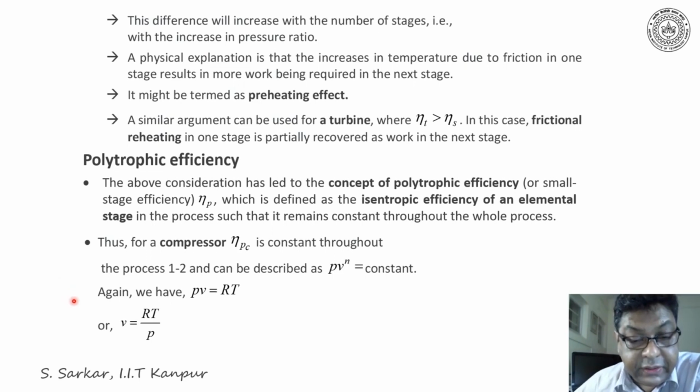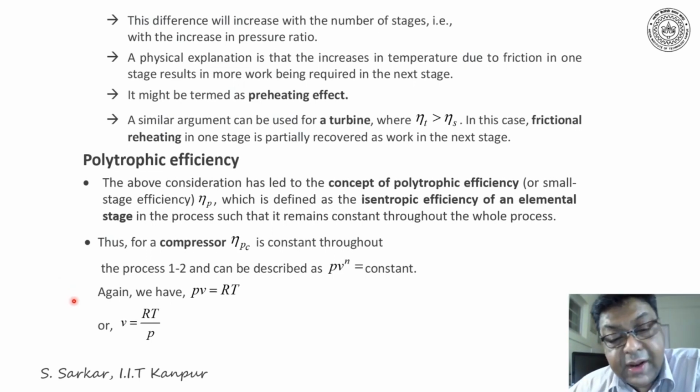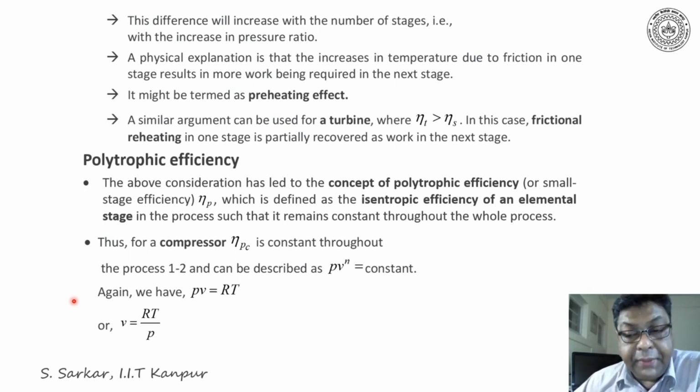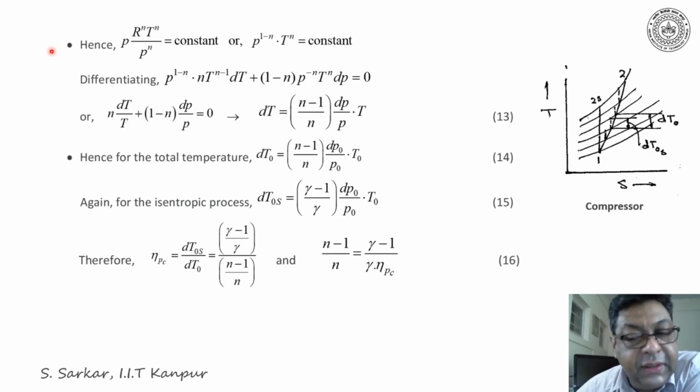Further, if I consider the gas as ideal, I can write PV is equal to RT, thus V is equal to RT by P. Now, substituting V from ideal gas relation to the polytropic process PV to the power n, I'll get P R to the power n T to the power n divided by P to the power n is equal to constant, which can be put in the form P to the power 1 minus n into T to the power n is equal to constant.